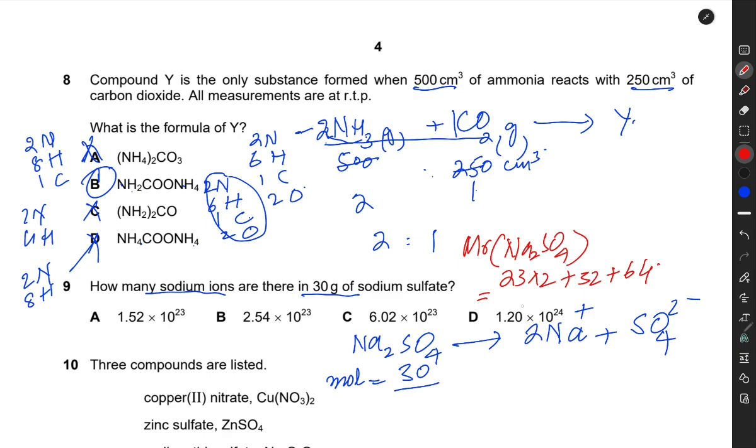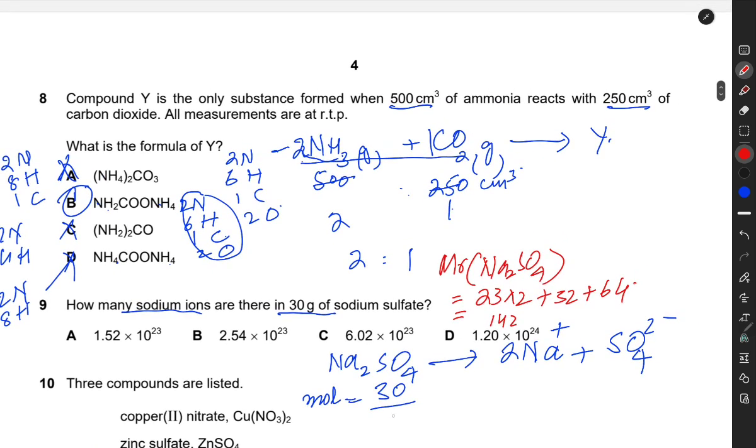This is equal to 142. So mole is 30 divided by 142, which is equal to 0.211 mole.